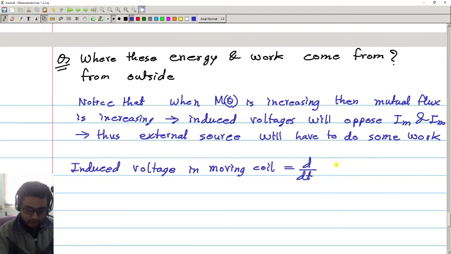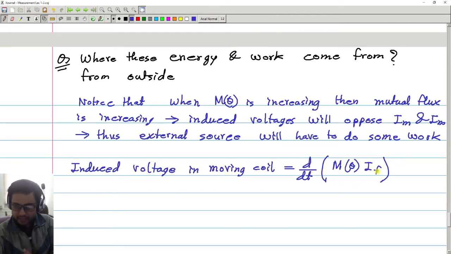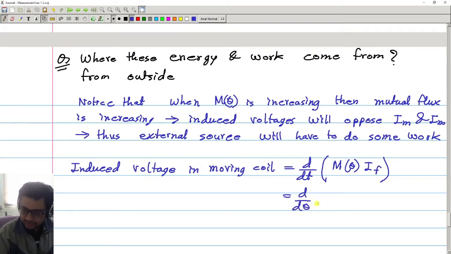In this case, only the mutual component is changing, so that is M(theta) into If. This is moving, so the other one is fixed. This is the rate of change of mutual flux linkage in the moving coil created by the current in the fixed coil. This is the induced voltage. And then I will write this like this.